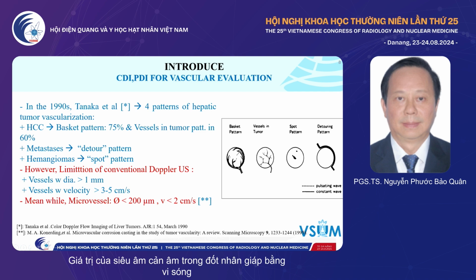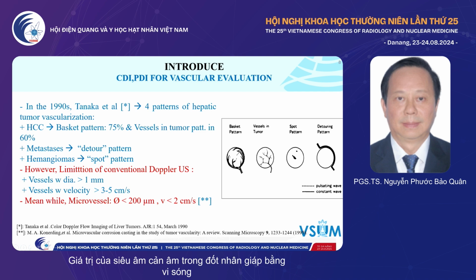Most HCC have a basket pattern, with vessels in the tumor something like this. Metastasis has a diffuse pattern, something like this. And hemangioma has a spot pattern, like this.